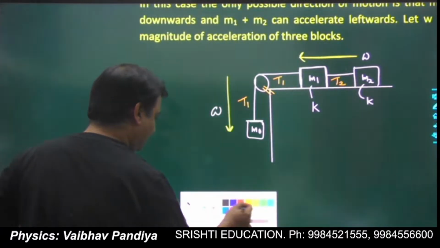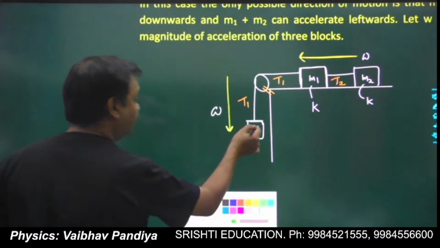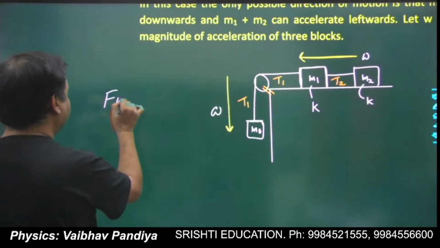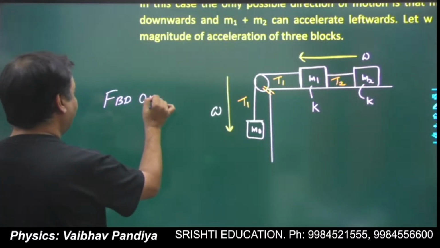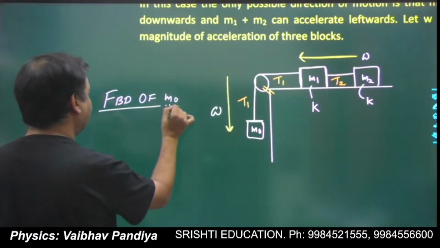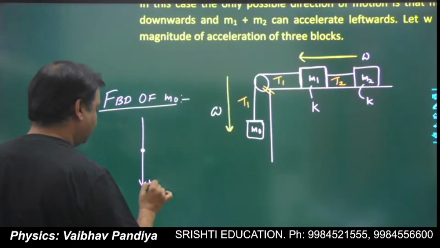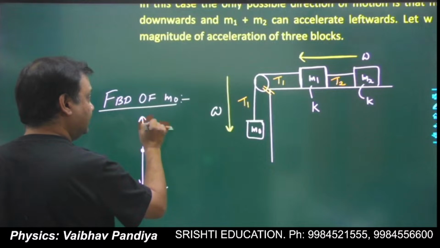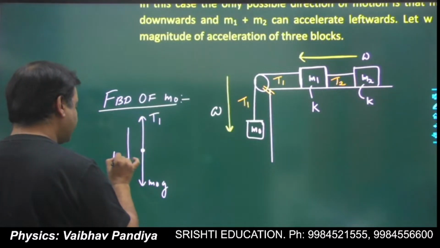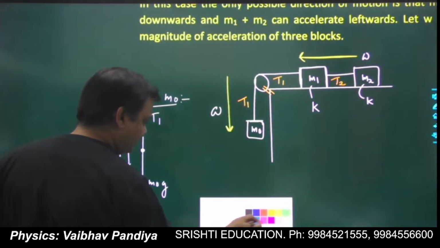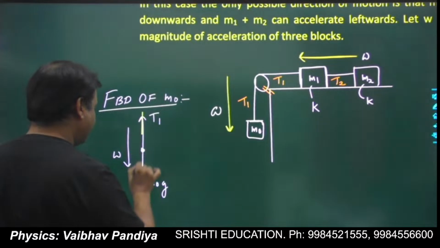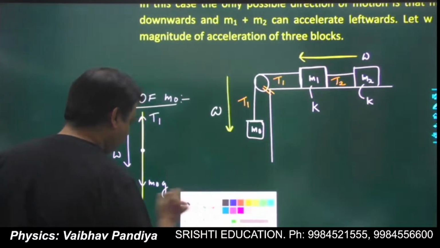So if I'm making the FBD of M0, I will have the forces M0G, T1, and the acceleration is W. So I can take a positive axis. That's your choice where you want to take it. Say I'm taking the positive axis vertically downward.